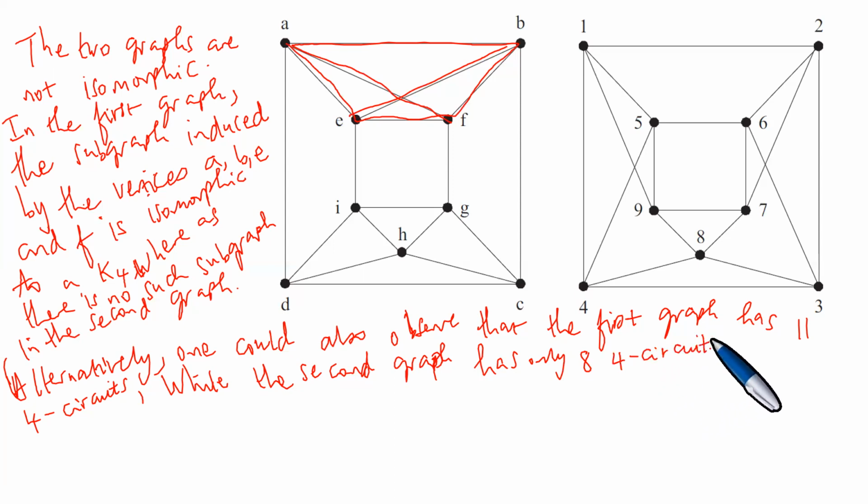If you count them carefully, 5, 6, 7, 9, 5 is one 4-cycle. What other 4-cycle is there? There's also 2, 7, 8, 3, 2. And there's another 4-cycle, which is 4, 5, 9, 8, 4. So there are 8 of such 4-cycles in the second graph.